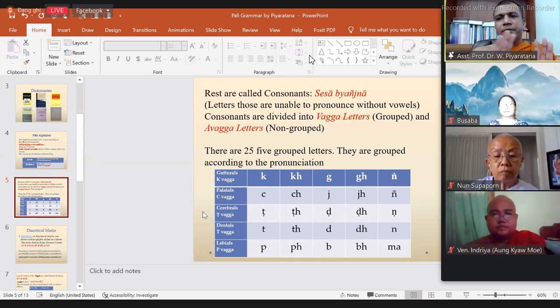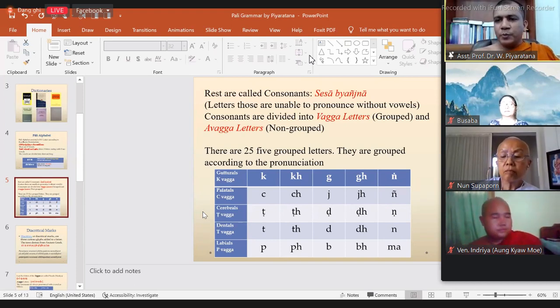From the consonants, 25 letters are called Vagga Akkara. Vagga Akkara means grouped letters. So what does grouped letters mean?